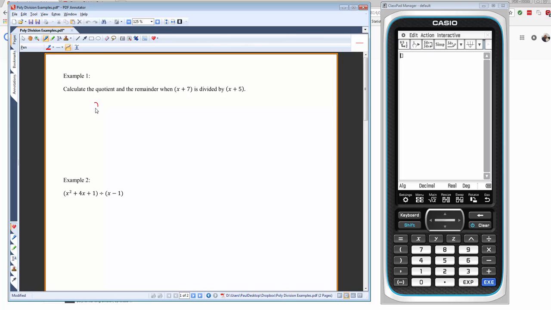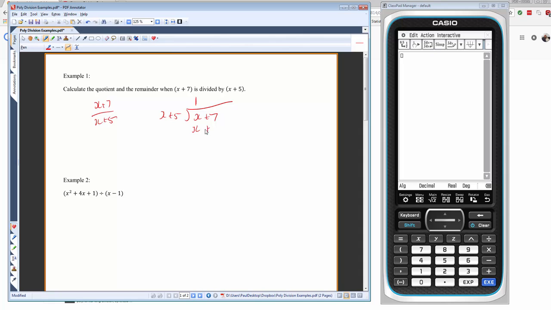So we've got x plus 7 here and we're putting x plus 5 into it. Well, another way of looking at that is x plus 5 into x plus 7. So what we're going to do is follow that process that we looked at on Friday with long division, which is we put x into x. Well, that goes once. One lot of x is x, and let's calculate what's left over.